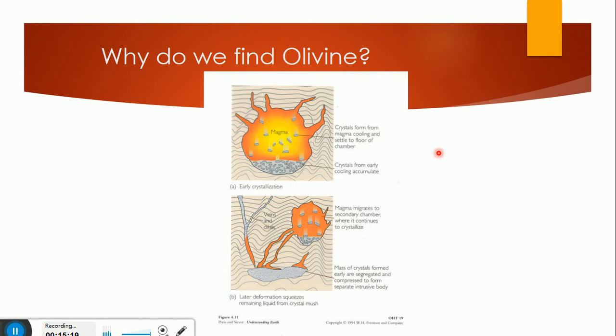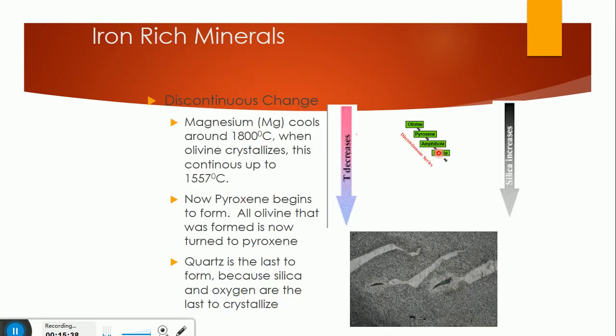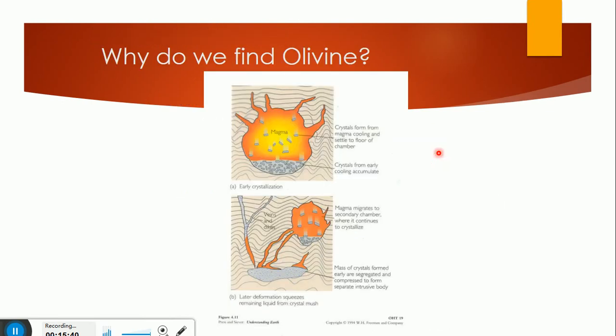Here is one question: why is the first crystal generated in the magma chamber olivine? As we have discussed, the melting point of olivine is very high, magnesium cools around 1800 degrees centigrade, and olivine comes up to 1557 degrees.